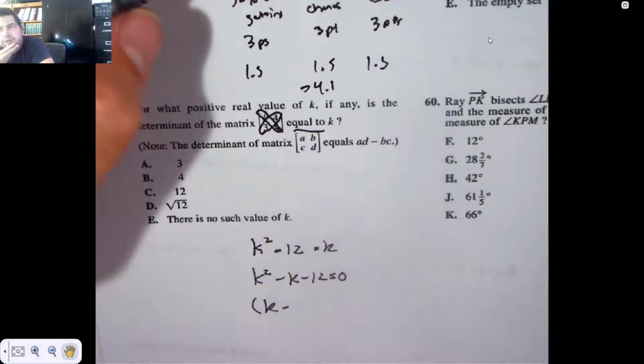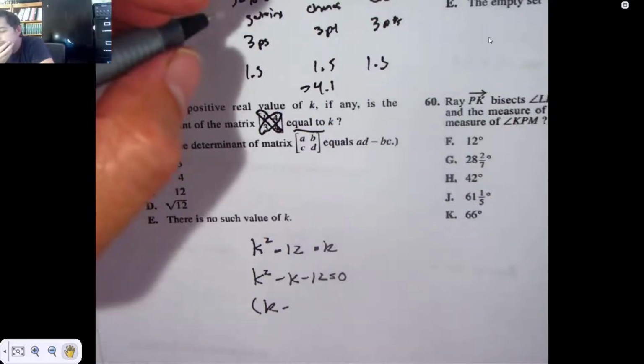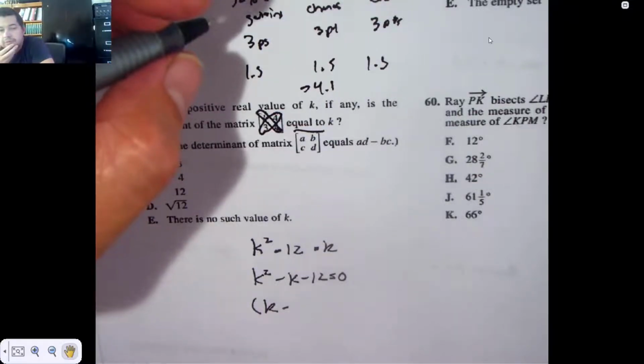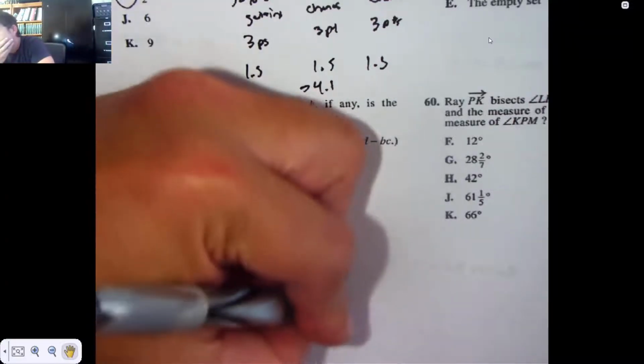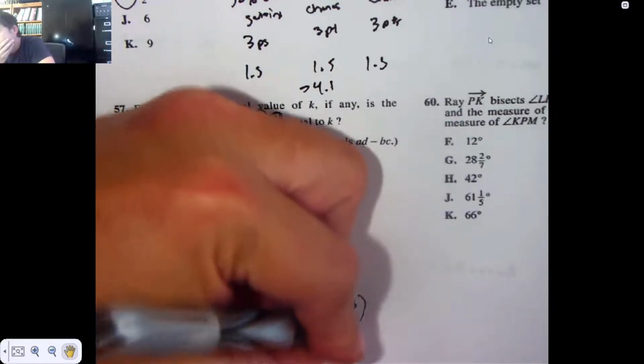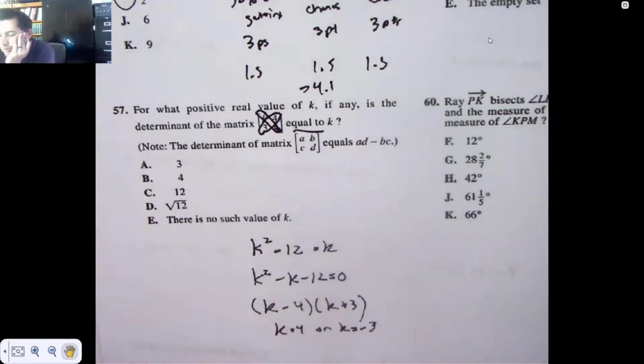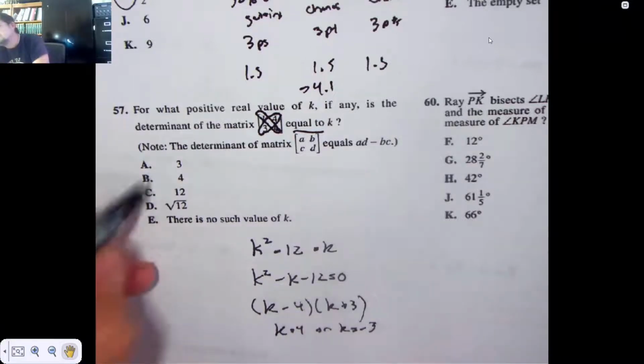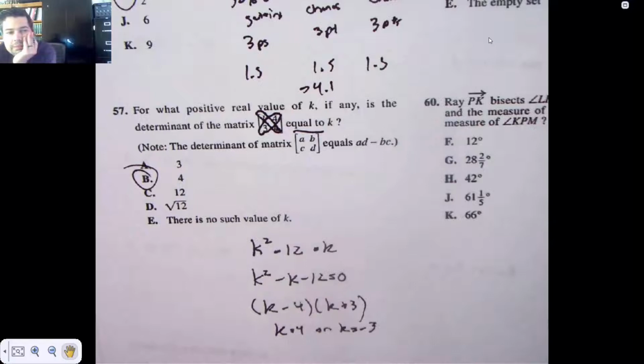Factors of negative 12 that add to negative 1 would be negative 4 and 3. So (k minus 4)(k plus 3). So k is 4 or k is negative 3. Oh, for some reason I was thinking that 3 had a positive symbol on it.